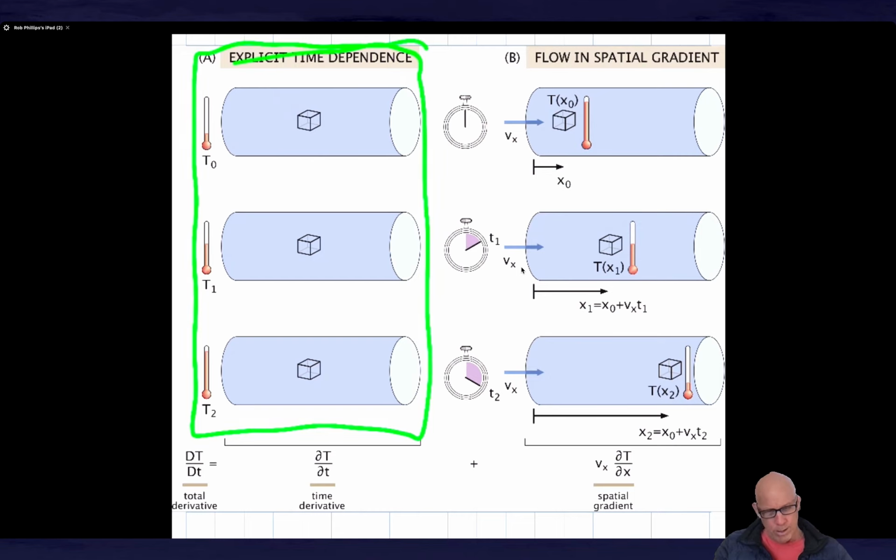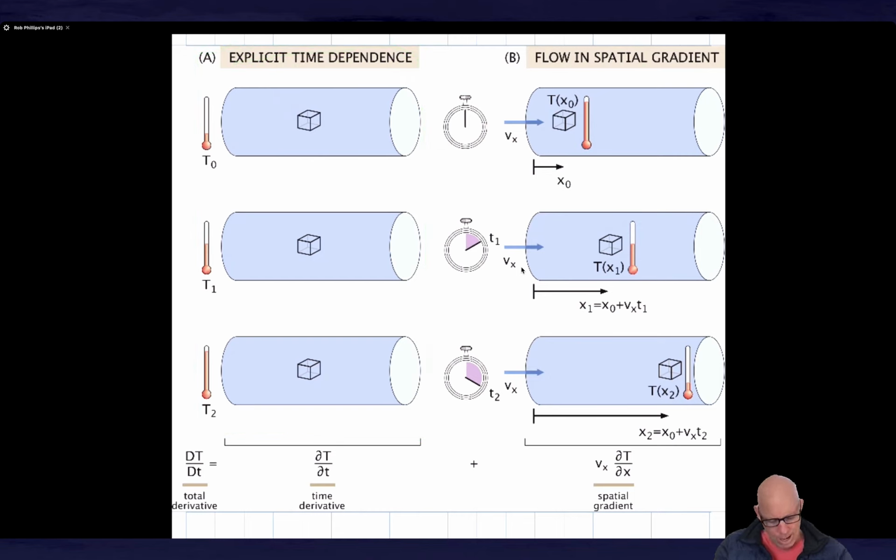There's no motion in the fluid, but over time the temperature is changing because I'm using my flamethrower or heater and heating up the water. And so my little material volume element right here, its temperature is going to change because T itself depends explicitly on time.